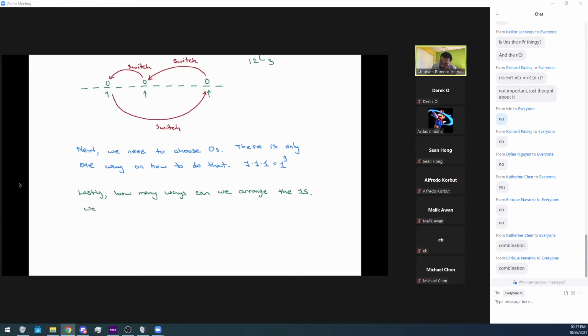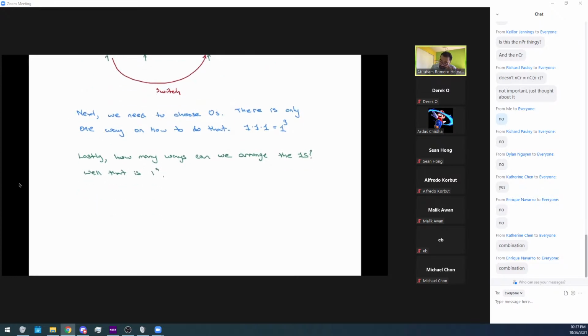So, well, that is 1 to the 9th. So our solution is 12 choose 3 times 1 cubed times 1 to the 9th. Which in the end, that's just 220. Does that make sense?